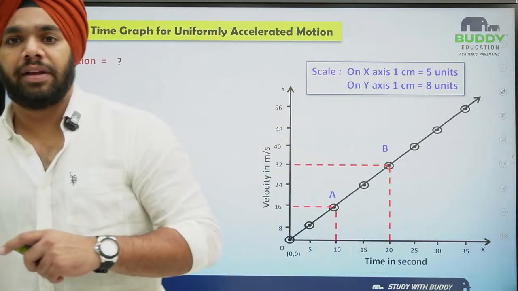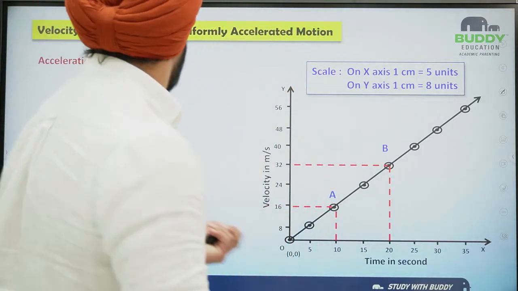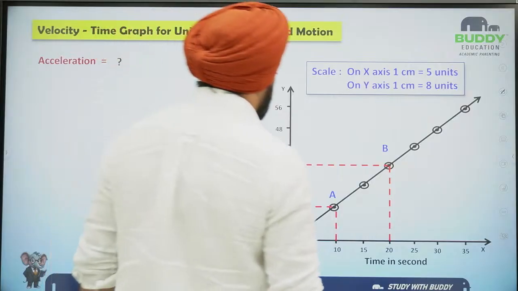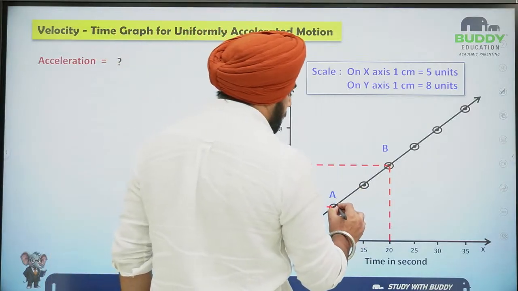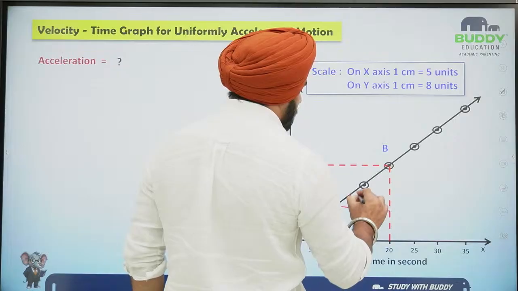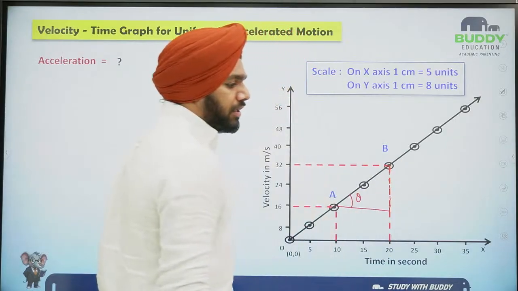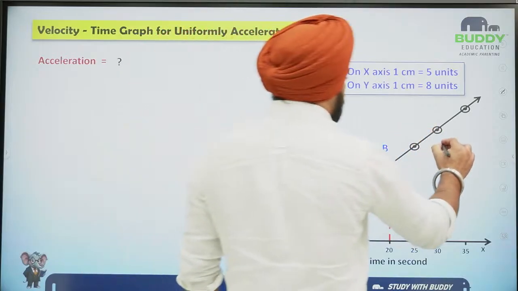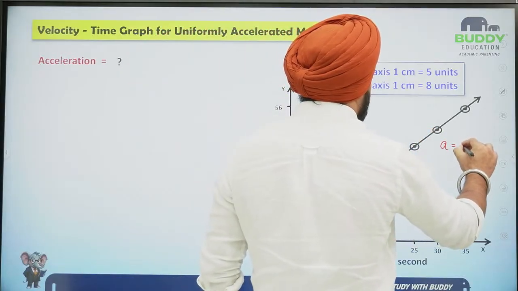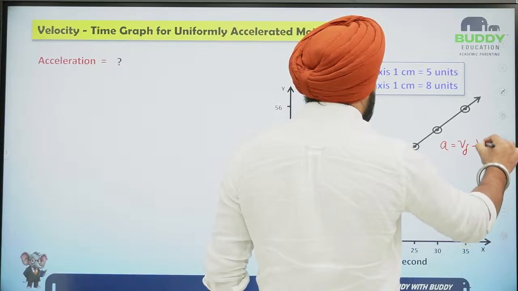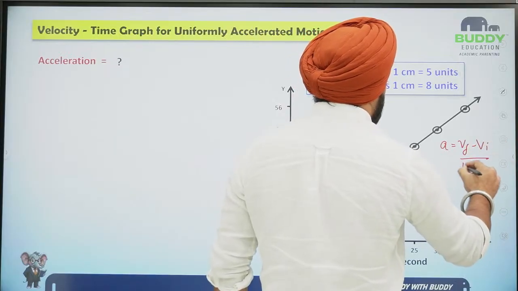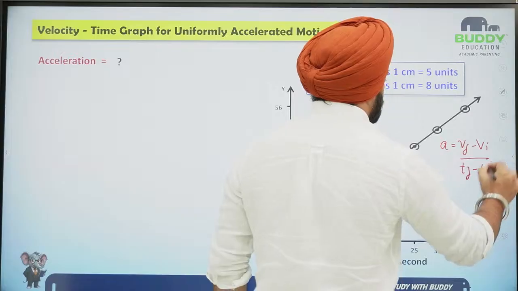So what exactly do we get from the slope of the velocity time graph? We get acceleration, right? I told you already, here, if you take a close look, this is theta, and this is basically the change in velocity, right? So acceleration is change in velocity, v final minus v initial upon t final minus t initial, yes or no?